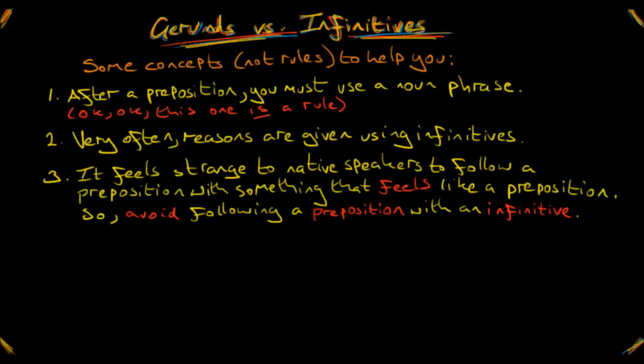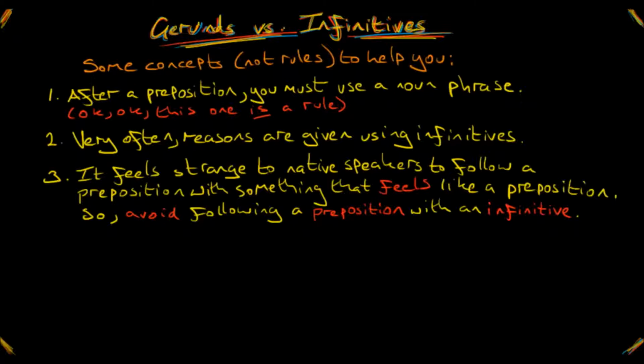Number 3. This is a strange one. It feels strange to native speakers to follow a preposition with something that feels like a preposition. Now we've seen that an infinitive is to plus the base form. We're going to see it a little bit later, but that to, it's not a preposition.